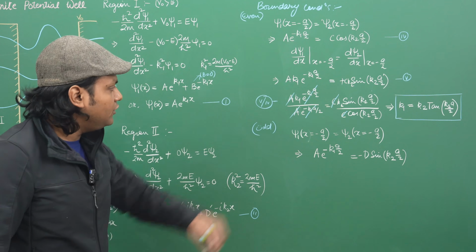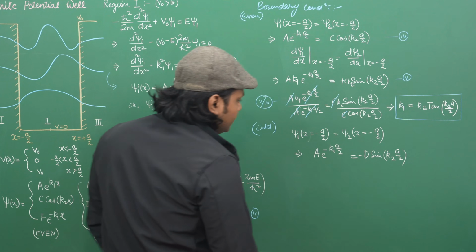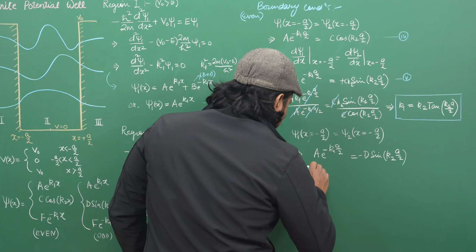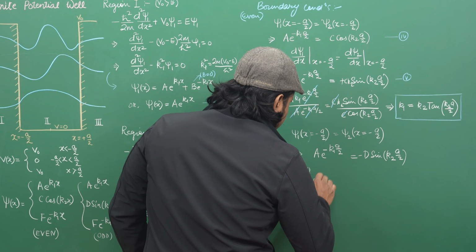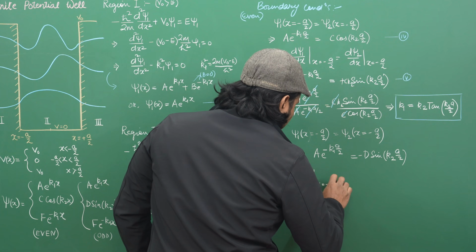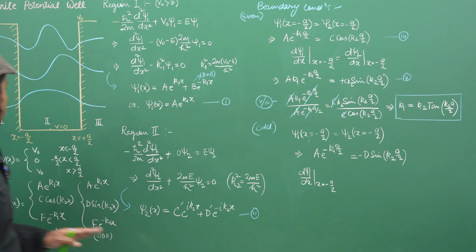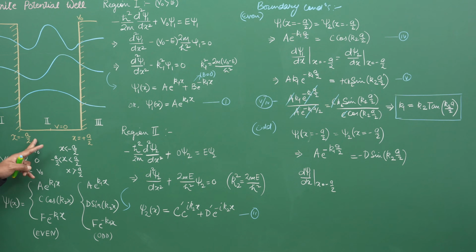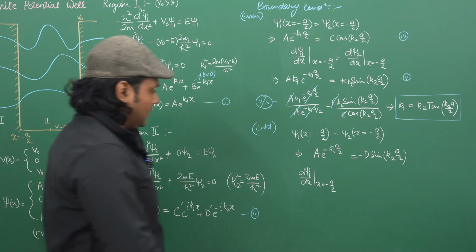Okay, this is for the continuity of the eigenfunction, and the continuity of the derivative d psi 1 upon dx at x is equal to minus a by 2. I'm just doing the boundary conditions at x is equal to minus a by 2 because that is enough to give us the equations necessary to find out the bound state solutions. I don't need to do anything more than that.